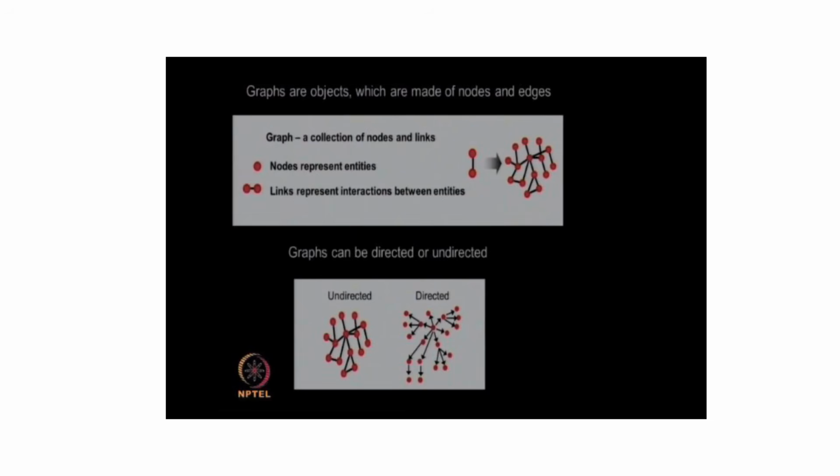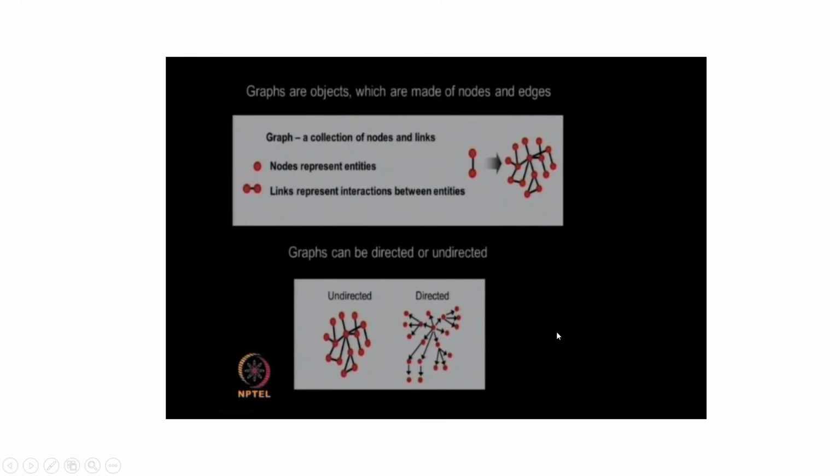It is not influencing that interaction to cause something else. Whereas in a directed one, this is influencing this so that it gets interacted with the other one. So it has a direction. If this is not interacting with this, then this will not interact with this further.